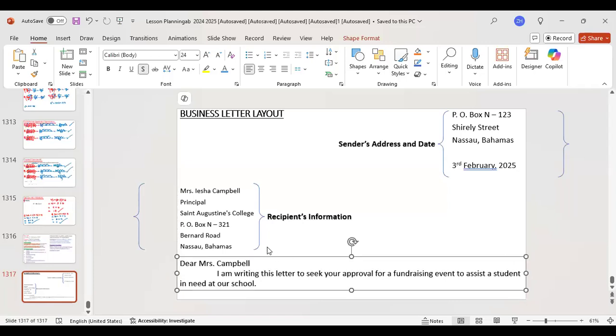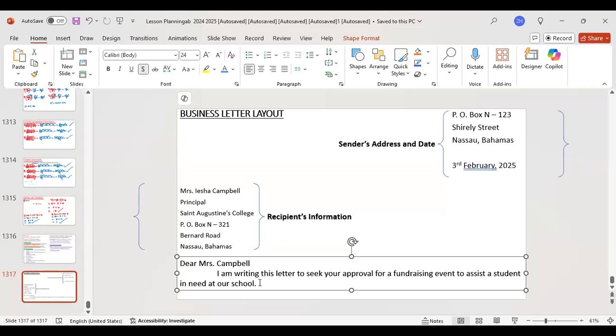Yes, sir. Good. So now we're going to go inside the body paragraph. Now we're going to talk about the date that you want to do it. You might want to talk about why it makes sense to do it, the name of the student, and the reason why we're having this fundraising event for them, right?